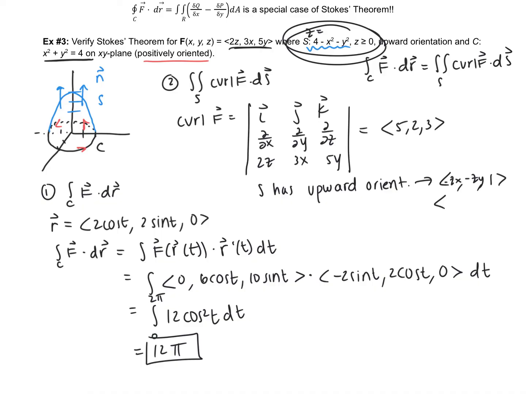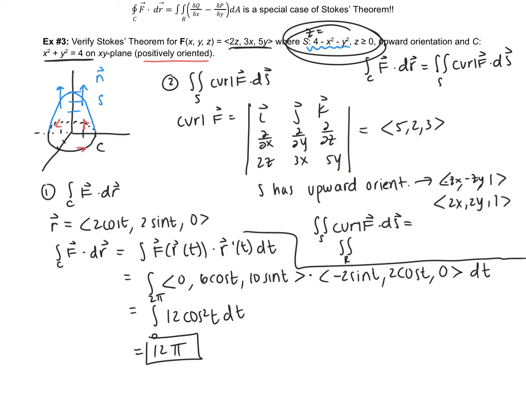So that would be 2x, 2y, 1. So then, when we have our surface integral of curl of f dot dS, oh man, I really did not use my space wisely here. That's going to be the double integral over the region R of 5, 2, 3, dotted with 2x, 2y, 1.